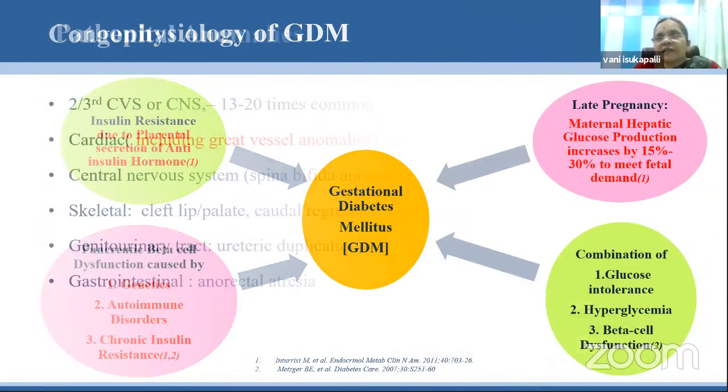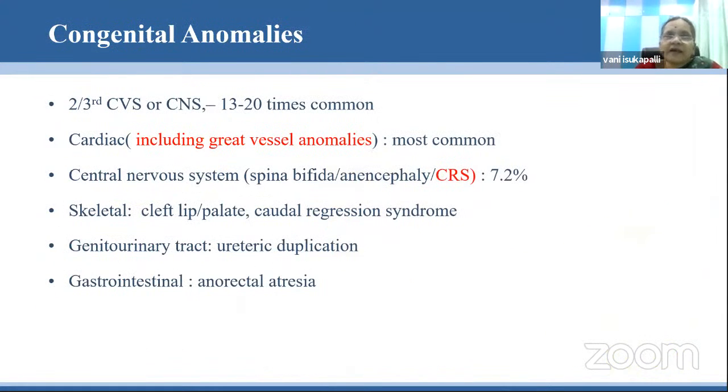I was telling you that the fetus can end up with congenital abnormalities. So this is very important to know that women having diabetes starting from the first trimester or women who are already diabetic, they have a high chance of embryopathy.